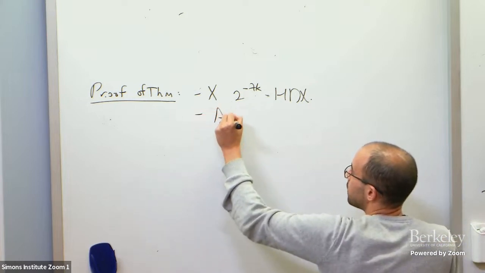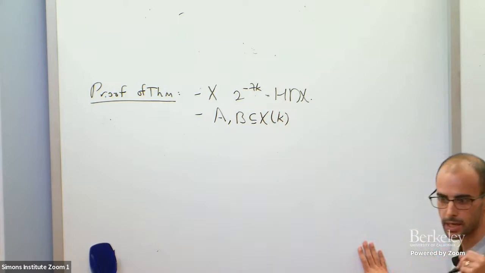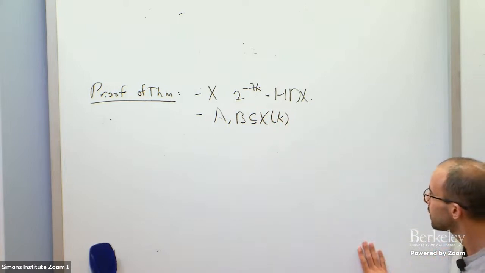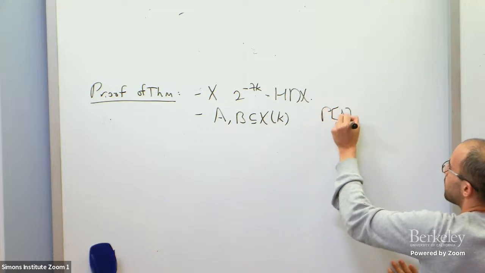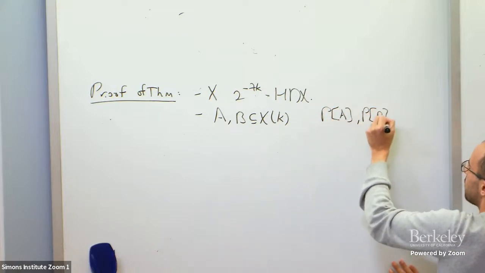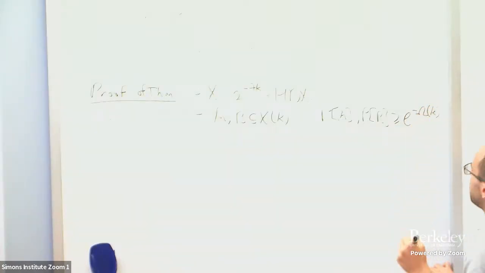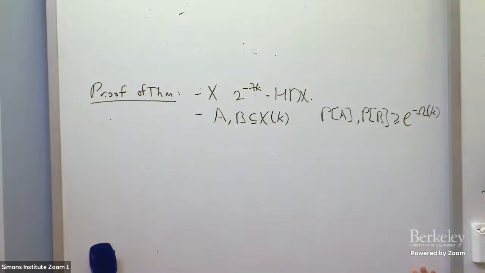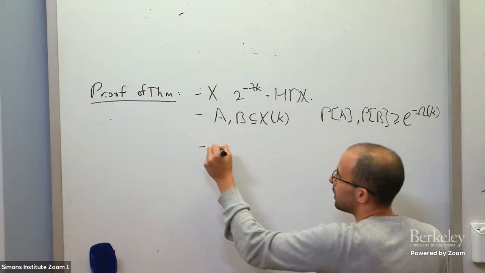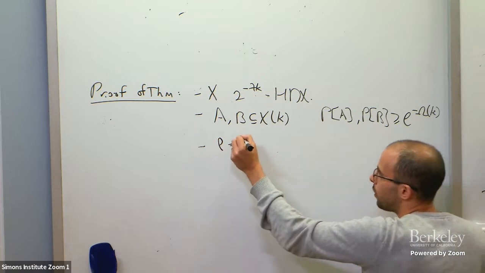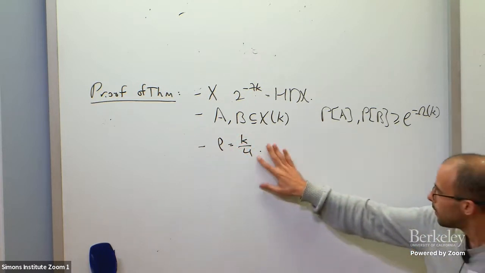We have two sets, A and B, which are subsets of vertices in the JKL graph. And all we know about them is that they are no smaller than some small exponent in K. For simplicity, let's fix rho to be 1 over 4, or L to be K over 4. I should say this is a minor technicality.